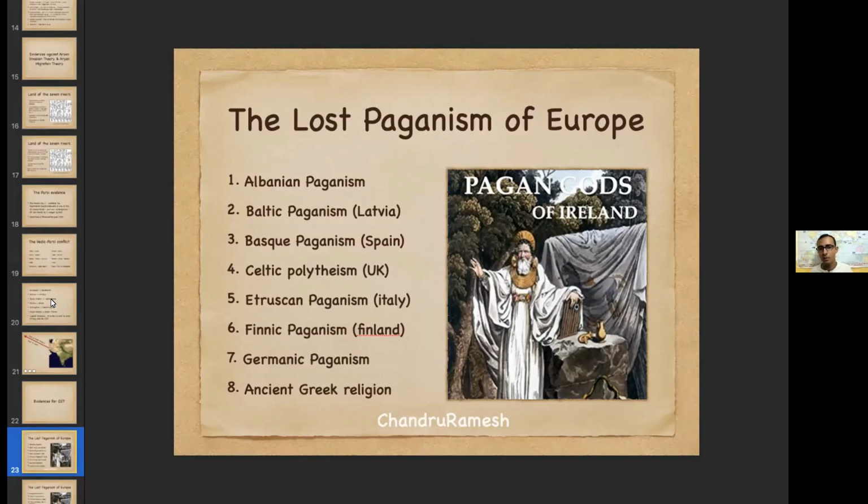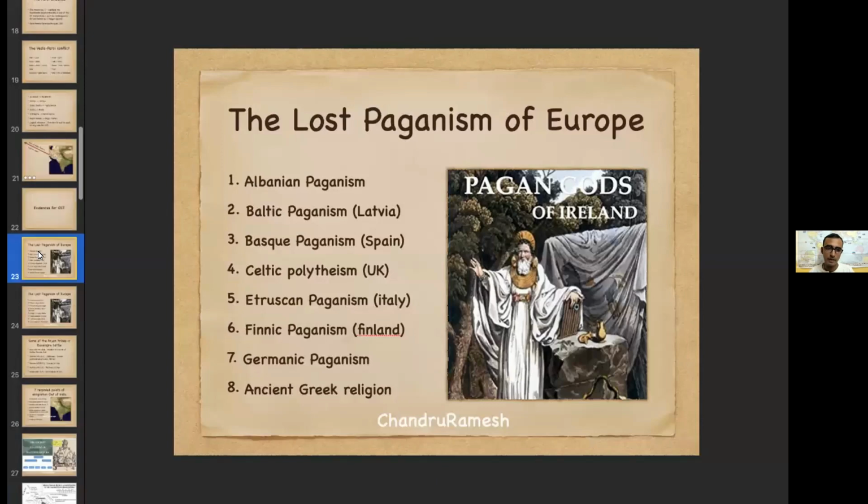What I have discussed in this slide, my general area of research, is focused towards Europe. I study a lot with respect to European history and European paganism. So in this slide I have shown you the different pagan blocks, pagan groups, pagan cultures of ancient Europe. The first one is Albanian paganism, easy to understand, Albania.